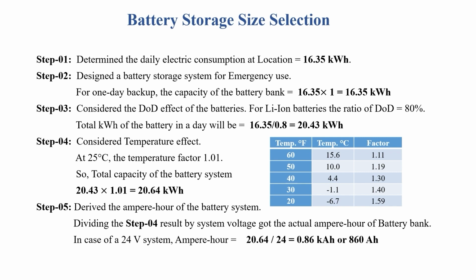Then we have to calculate the ampere-hour of the battery system. As our system is 24 volt, we have to divide the result of the previous step, that is 20.64 kilowatt-hours, by the total voltage, and we can find the ampere-hour for the system, that is 860 ampere-hours.